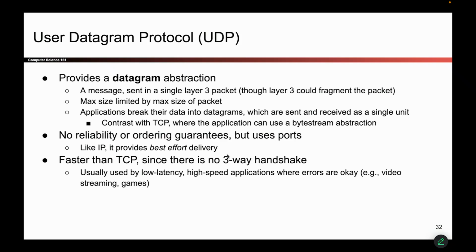So at first glance, you might ask why anyone might use this. It seems like this is strictly worse than TCP. But there are actually some points where UDP is better. So one thing that's nice about UDP is that it might be faster. In TCP, remember that there's a 3-way handshake before you can start sending data.